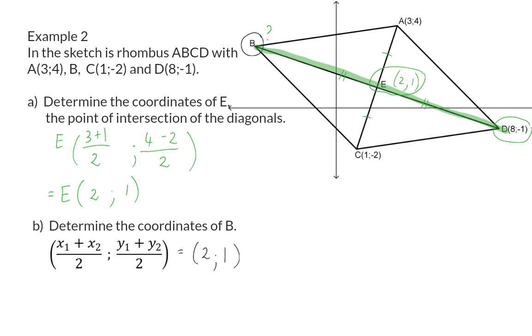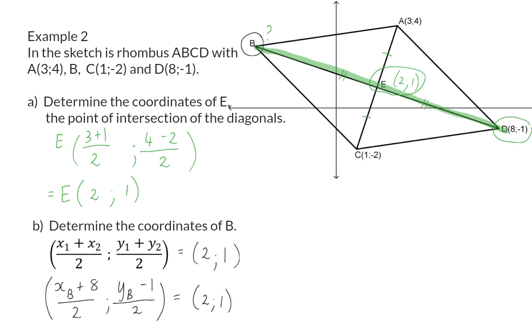So now when I substitute, I will take the x value of B and add the x value of D and divide by 2, and take the y value of B, add the y value of D and divide by 2 to get to 2 and 1.